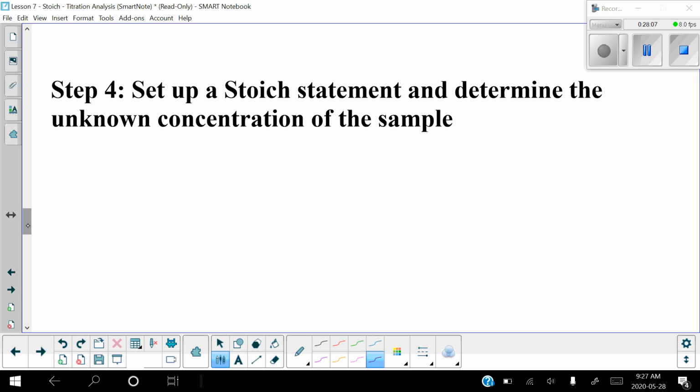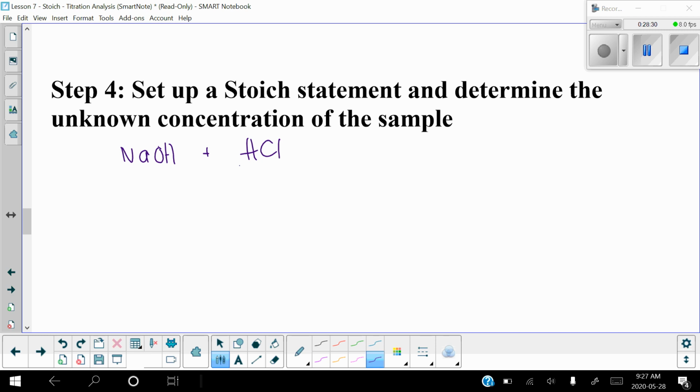Step 4 is set up a stoichiometry statement to determine the unknown concentration of the sample. So you need to write a balanced reaction. What do we have? We have NaOH and HCl. So NaOH plus HCl.